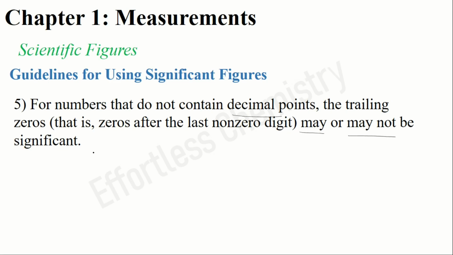Thus, 700 centimeters may have 1 significant figure, which is only the digit 7, or 2 significant figures, which is digits 7 and 0, 70, or 3 significant figures, which is 700.